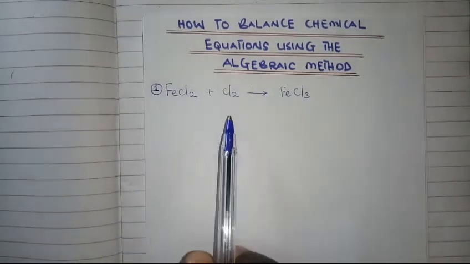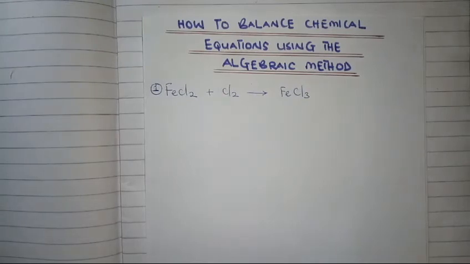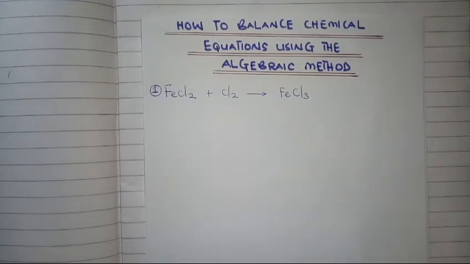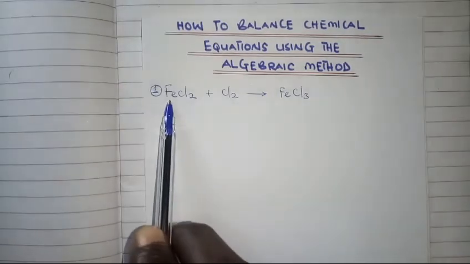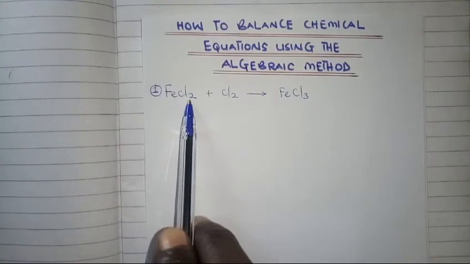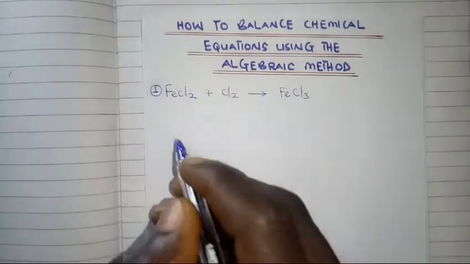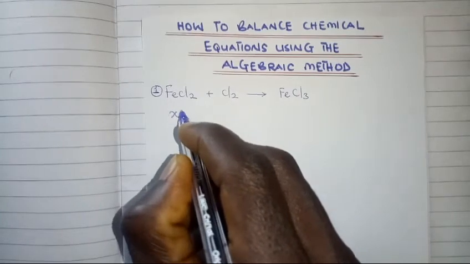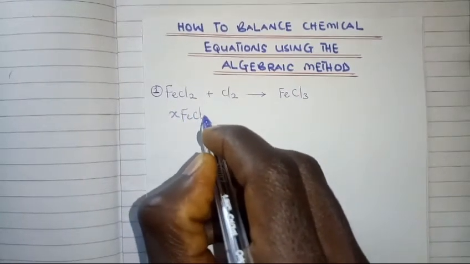In order to balance this using the algebraic method, we introduce letters in front of those places where we see deficiencies. There is no deficiency for iron here, but when you come to chlorine, there is a deficiency. So I put an X in front of the iron 2 chloride.